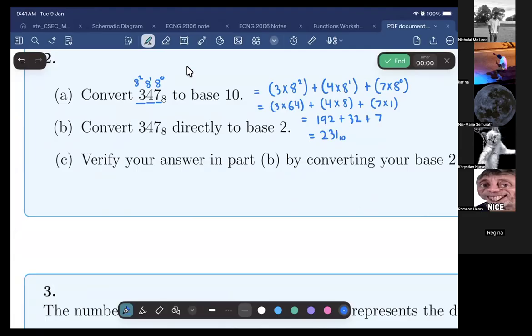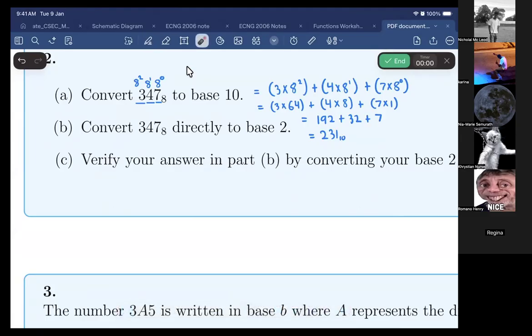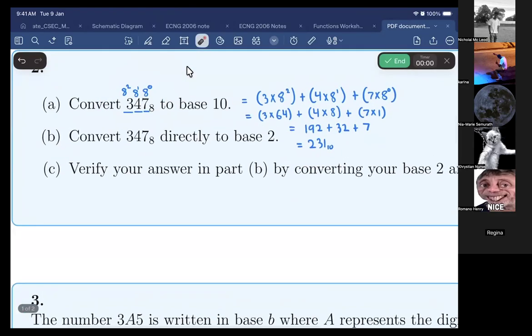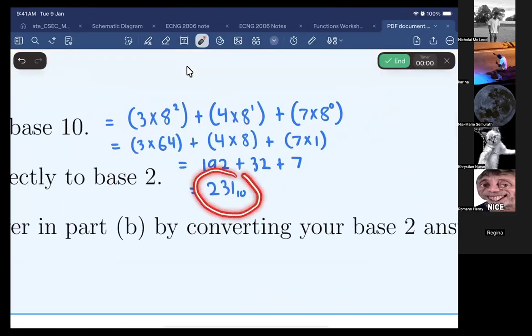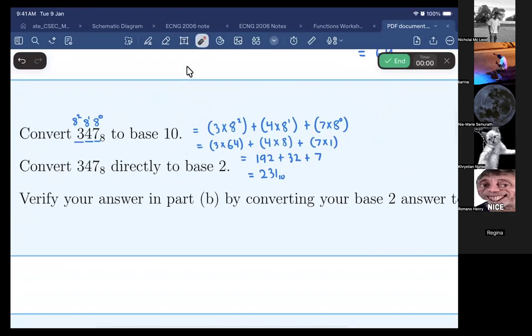So you're saying you don't know how to check it back? If you want to check it, this is literally proof over here. Let me show you something. Let's say you wanted to convert this back to base 8.